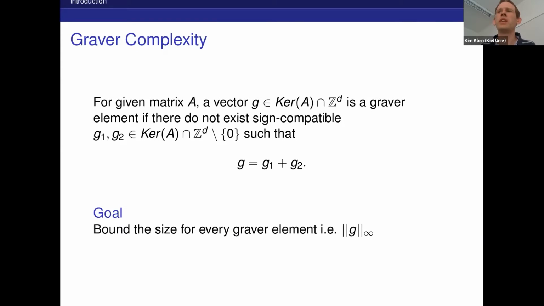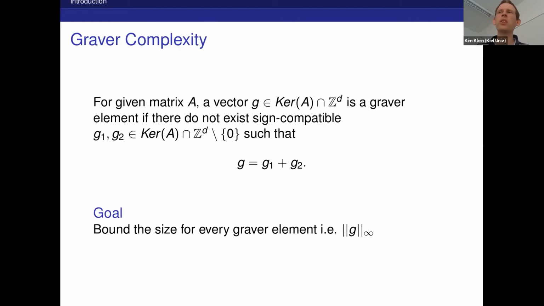So geometrically, those elements are just the inclusion-wise minimal elements of your kernel. And what you would like to bound, in order to get an algorithm to solve your IP, is the size of every Graver element, like the infinity norm or the one norm.